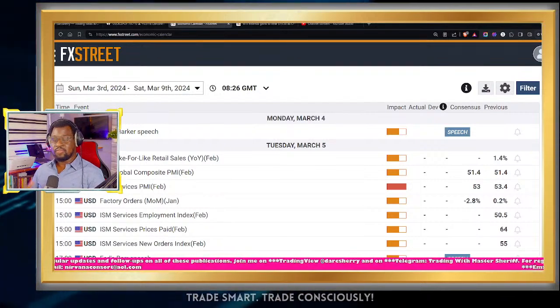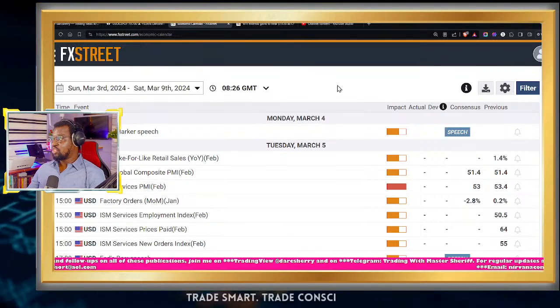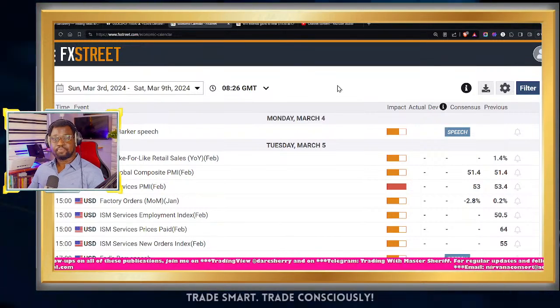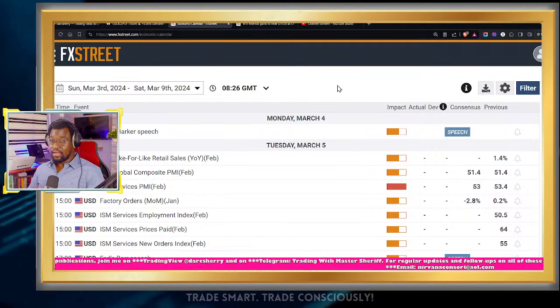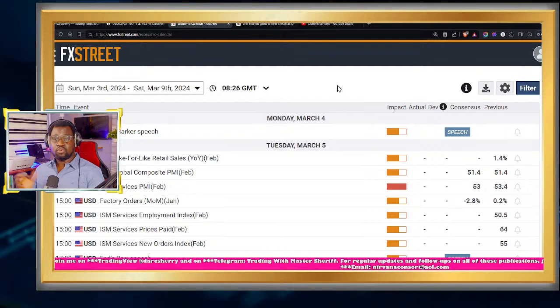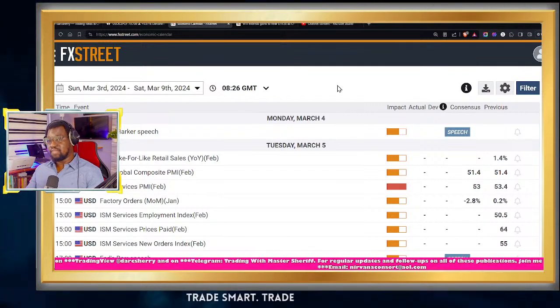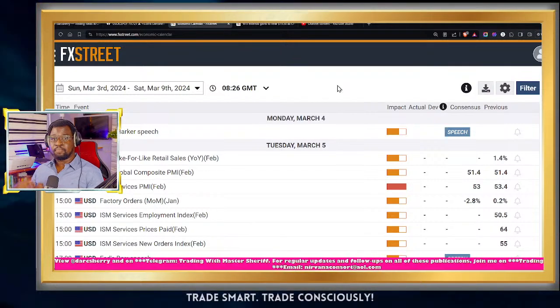Now, based on the assets we are looking at for this week, we are going to be focusing on economic features from both the United States and the United Kingdom economies. Usually we focus on high impact events as they have a high tendency of pushing price significantly.